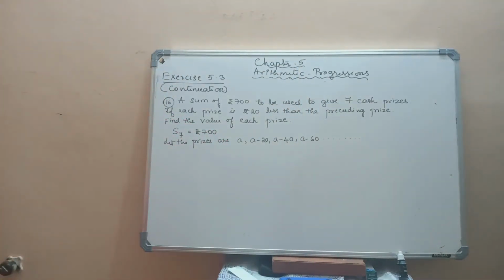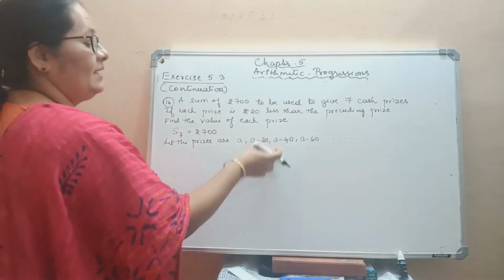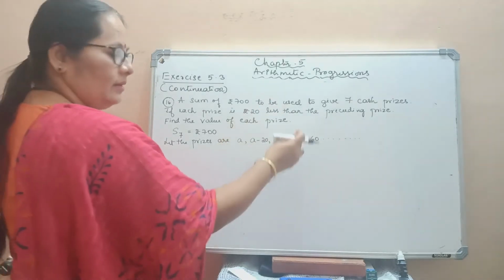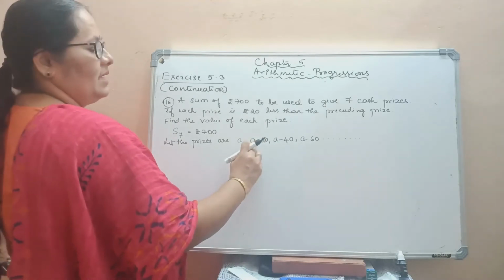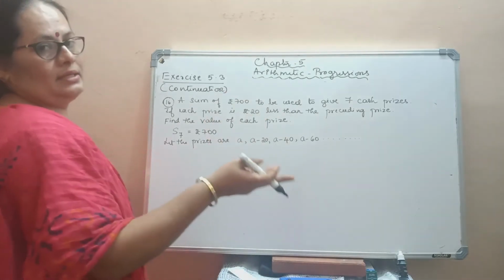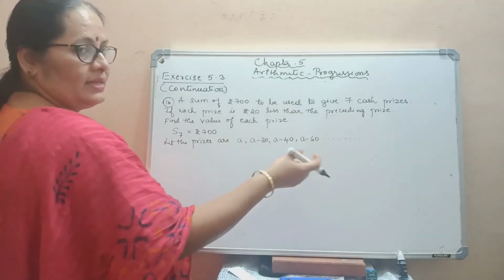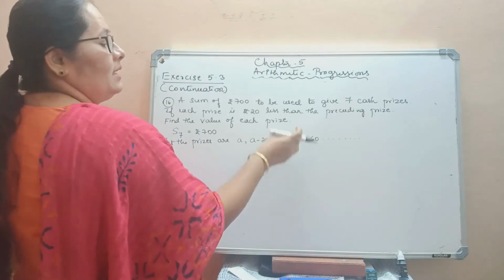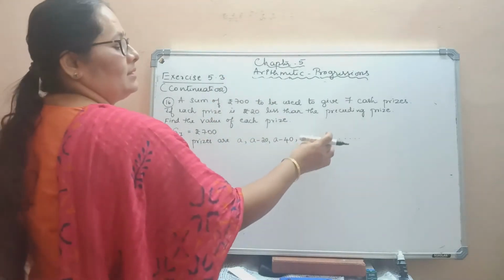Let the prices be A. Then the next one is 20 less than the preceding one. Then the third price is again 20 less than the preceding one, that is A minus 20 minus 20, that is A minus 40. Then the next price is again 20 less, that is A minus 40 minus 20, that is A minus 60.